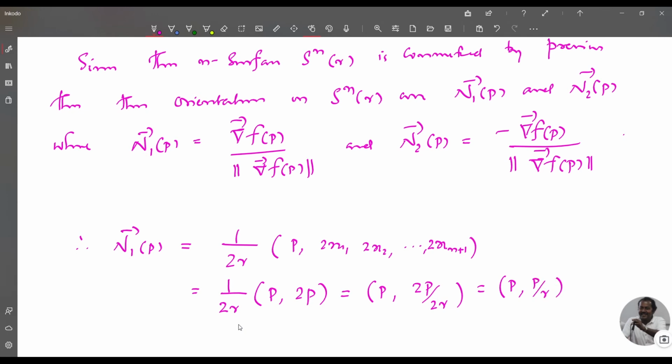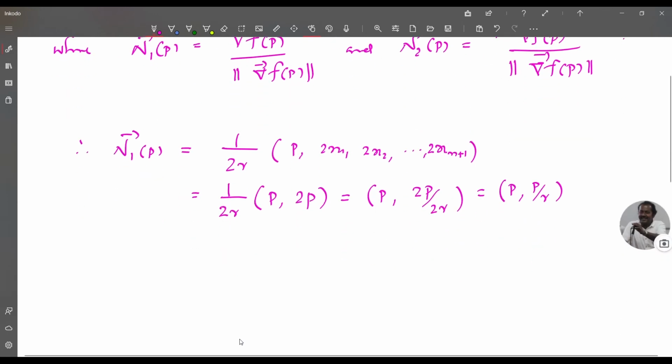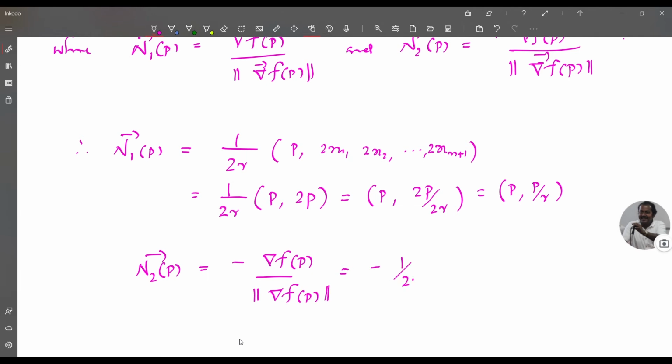And n2 of p is equal to minus del f of p divided by norm del f of p. So that is minus 1 by 2r, p, 2p. So you will get this as, at p, minus p by r.